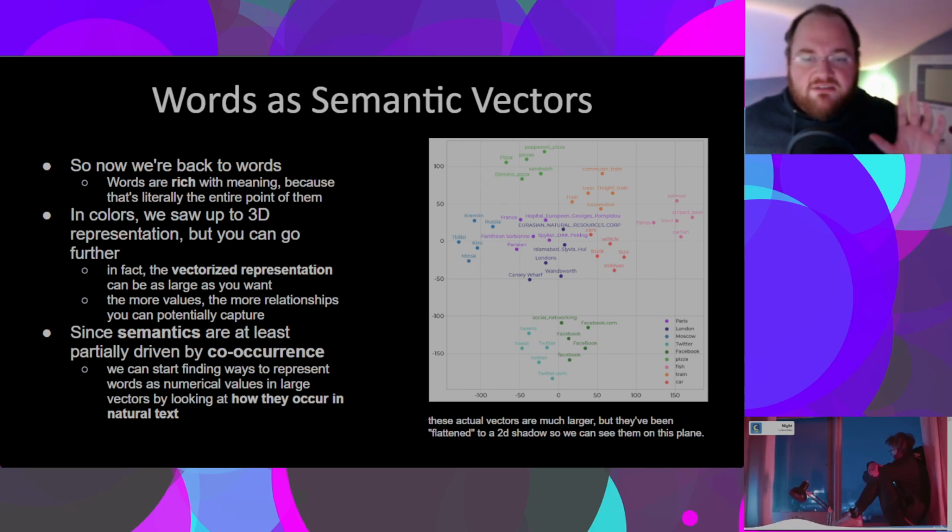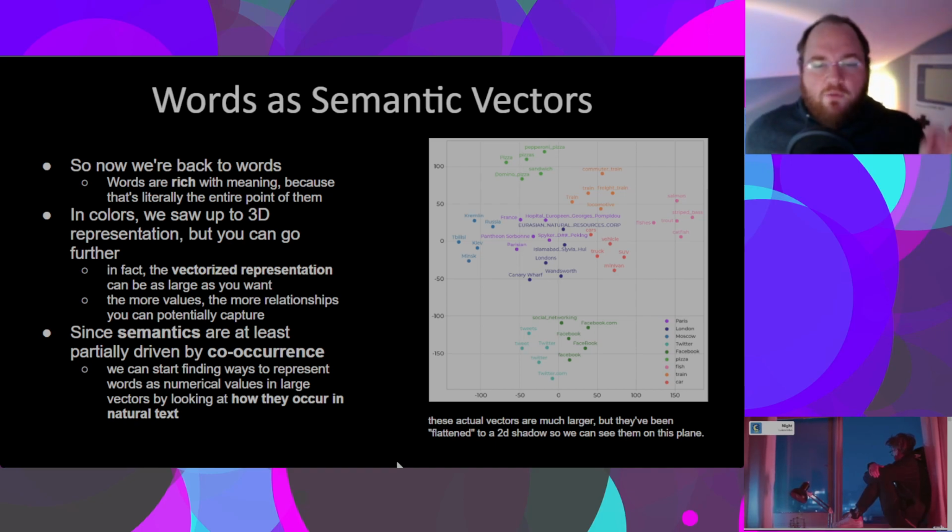So since semantics are at least partially driven by this co-occurrence idea, we can start finding ways to represent words as numerical values in larger vectors by looking at how they occur together in natural text, right? We have huge amounts of natural text that humans have created. The question is, can we draw a useful semantic model of what those words mean in relation to each other from how they co-occur?